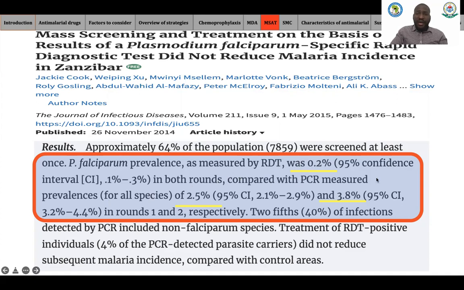When they used PCR to measure the prevalence, they got up to 2.5% and 3.8% of the people were still positive. So you could see rapid diagnostic tests could not detect more than 2%, or actually even 3%, of the parasites in people within these areas. This limitation of diagnostic tools can be demonstrated as such.